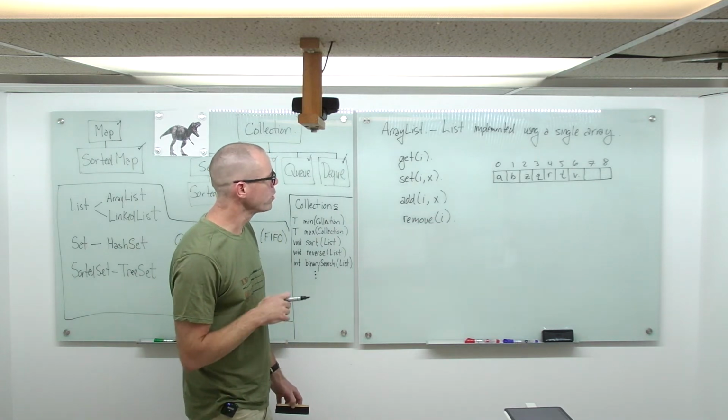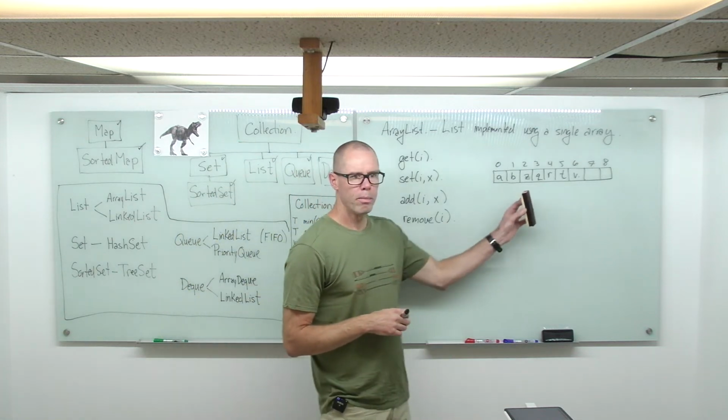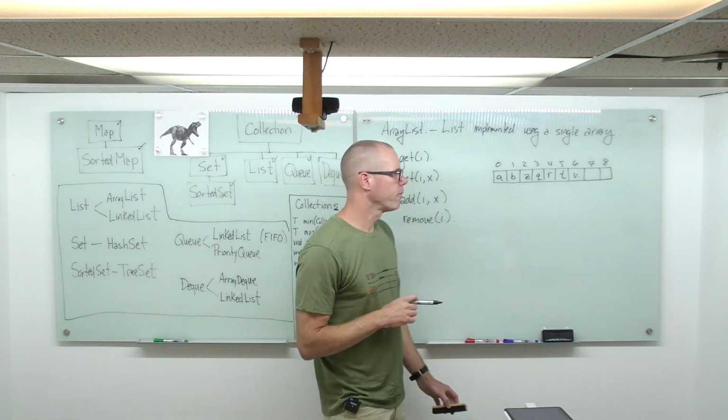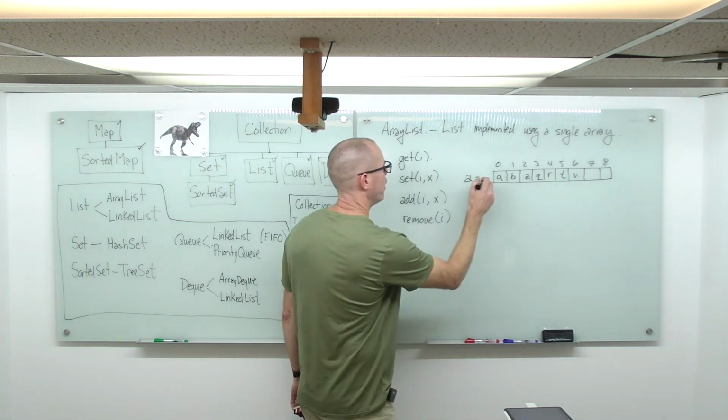You use the convention that the list element i is stored at index i in the array. Let's call that array A.